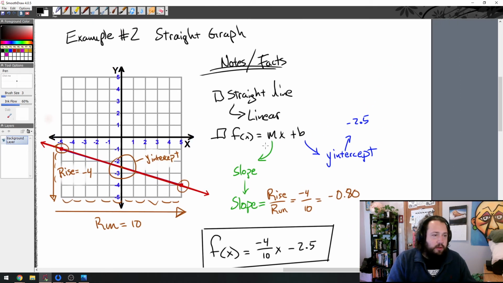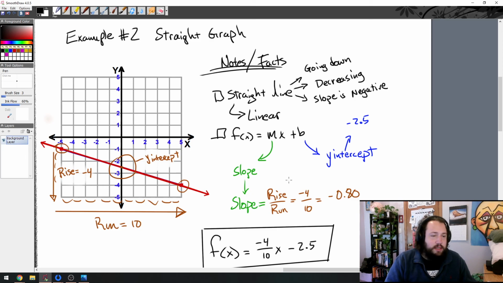So, couple other things. This is linear. Something else I forgot to say, it's going down. Going down, which is the same thing as decreasing, which means that my slope is negative.